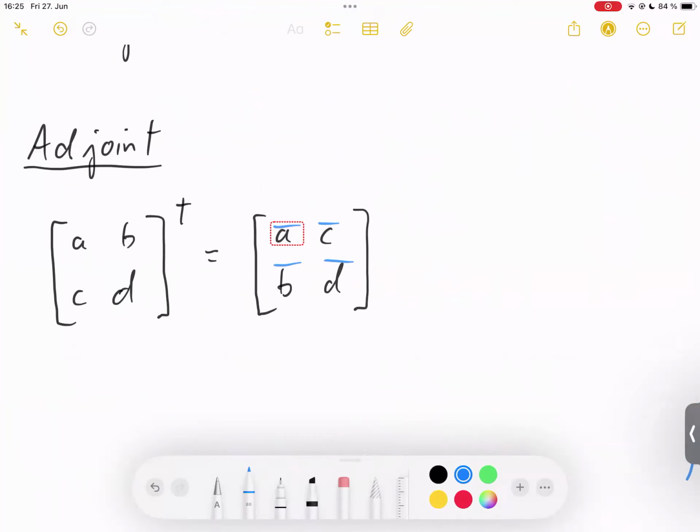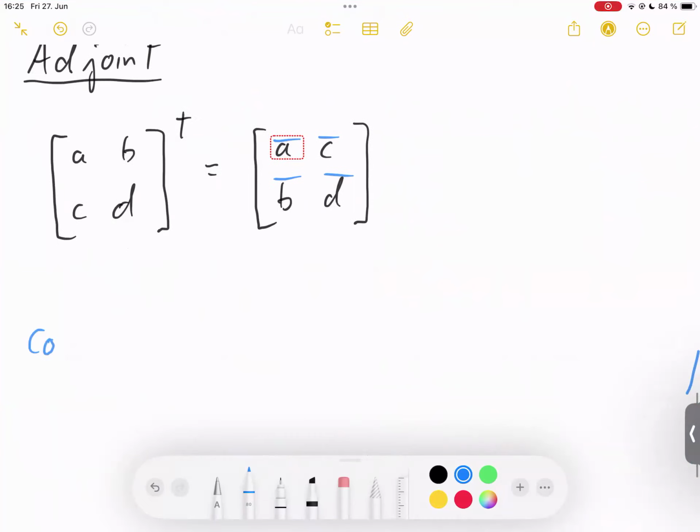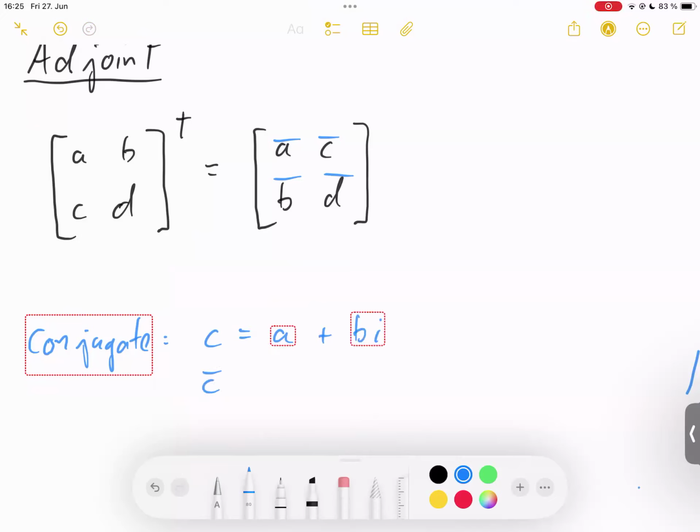The conjugate means, let's call it C for complex, is A plus B times I. So the conjugate C bar would be A minus B times I. So we just changed the sign of the imaginary part.